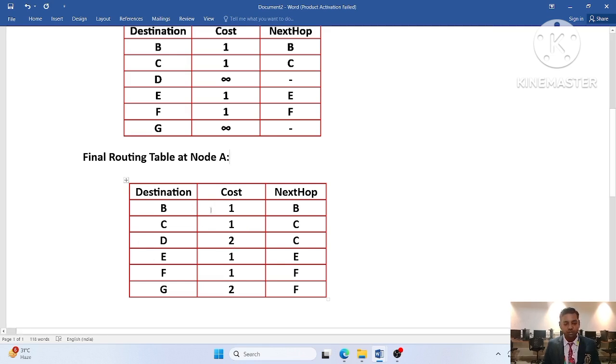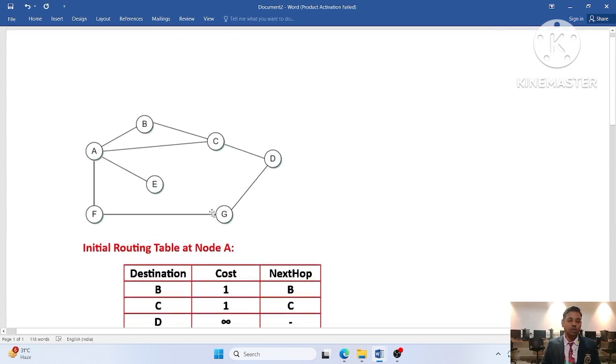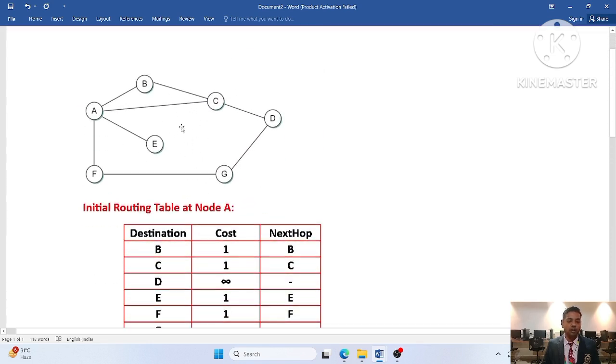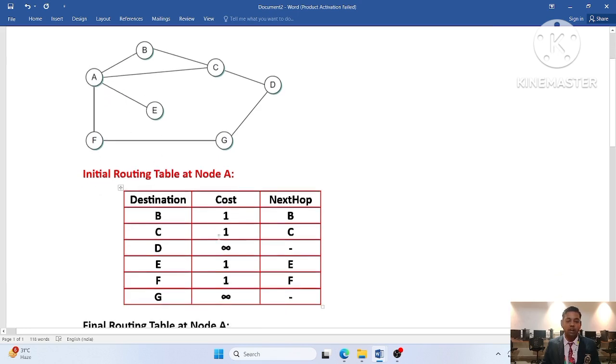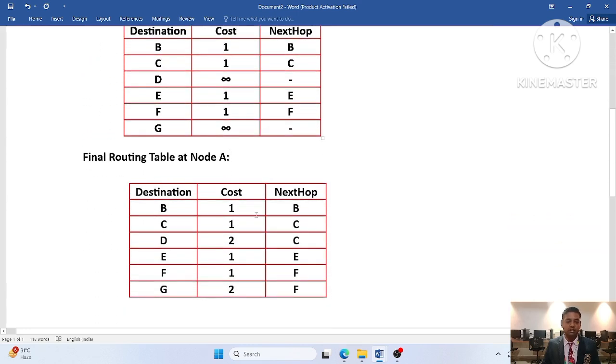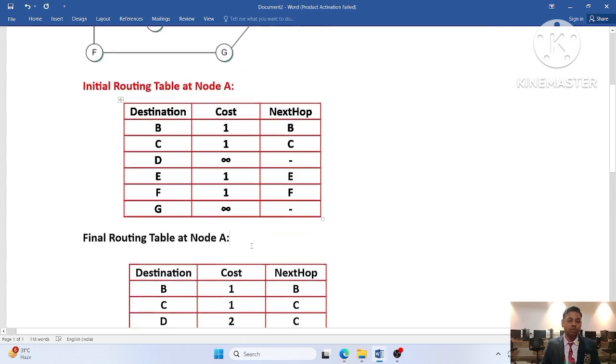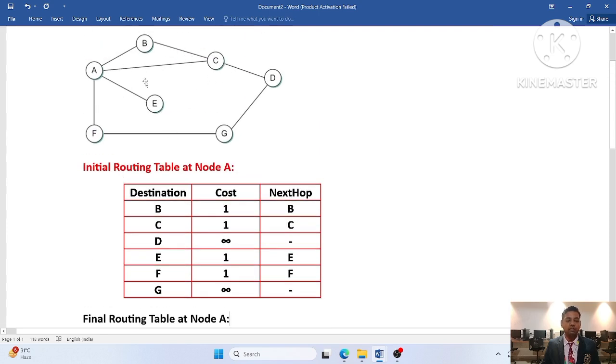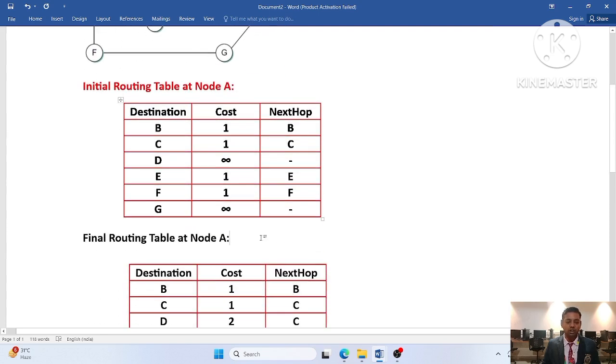As I told earlier, B shares its routing table with A. C also will share its routing table with A. E also will share its routing table with A. F also will share its routing table with A. Then A will update this information. So this is the final routing table, and it will be shared with all its neighbors.